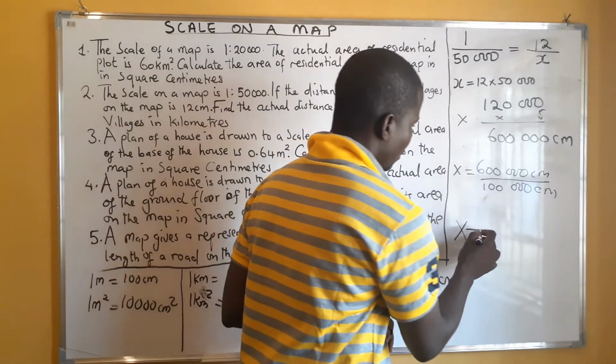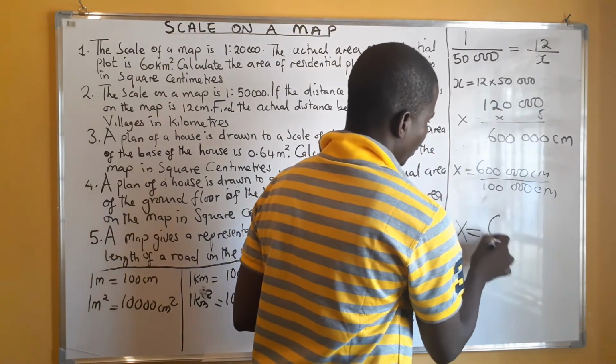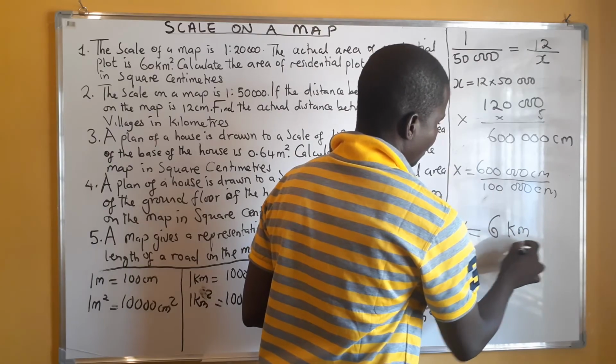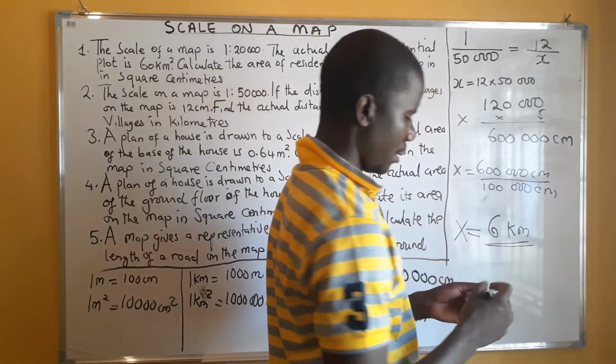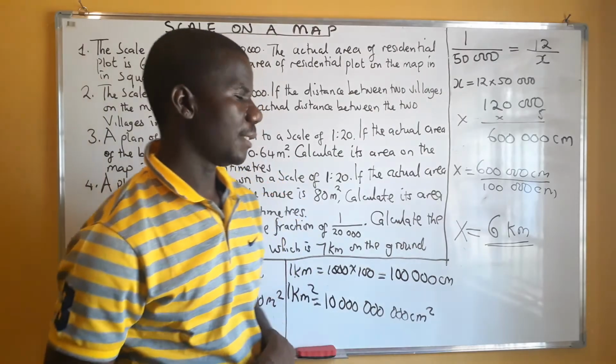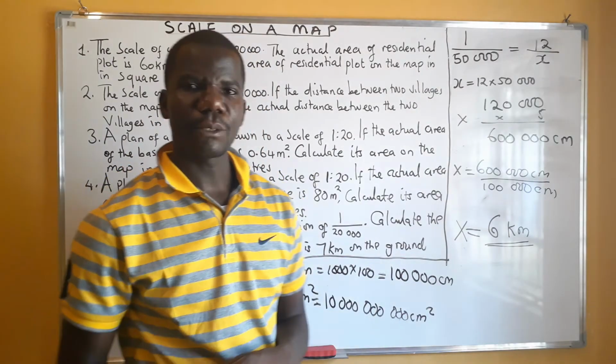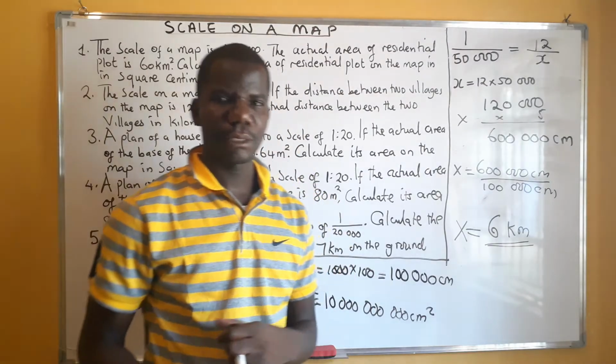What do we get? You cancel the zeros. We're going to get 6. Then this is 6 kilometers. This is our answer.